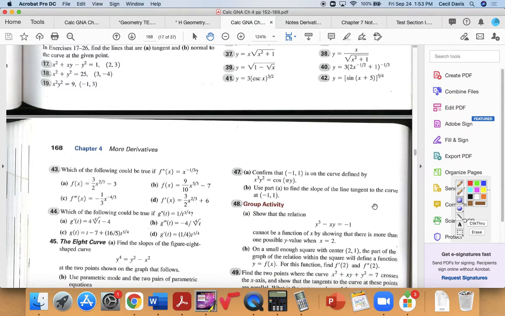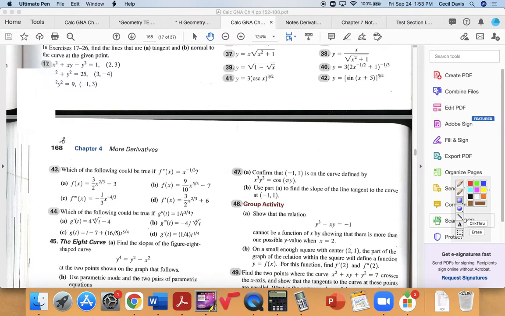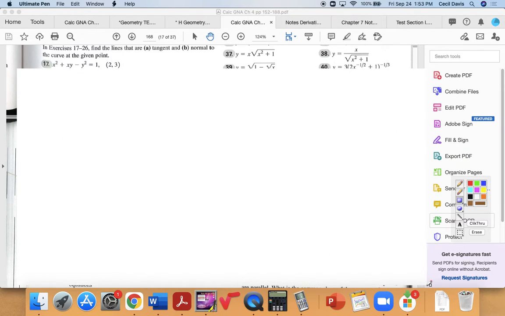So my question is, how did you rewrite the original function? Y equal to x over the square root of x squared plus 1. Okay, so you just rewrote this as to the 1/2 power?